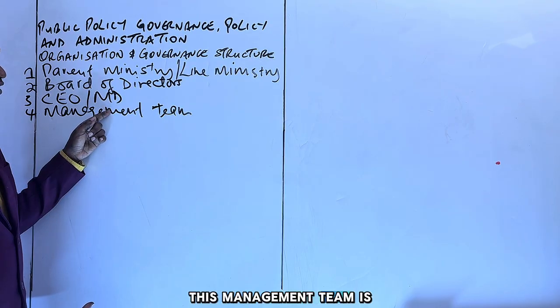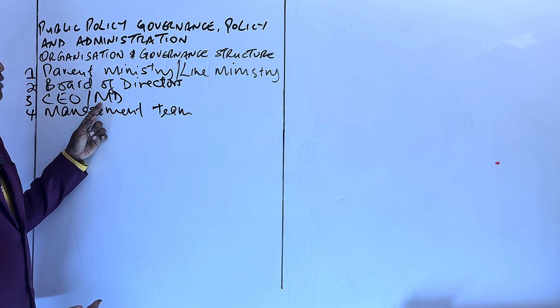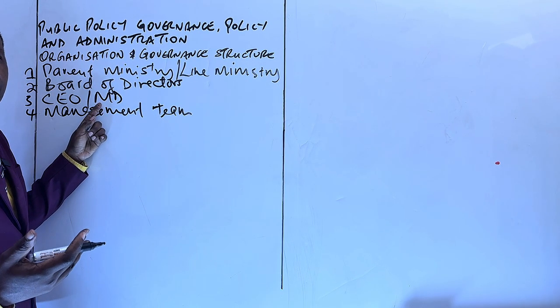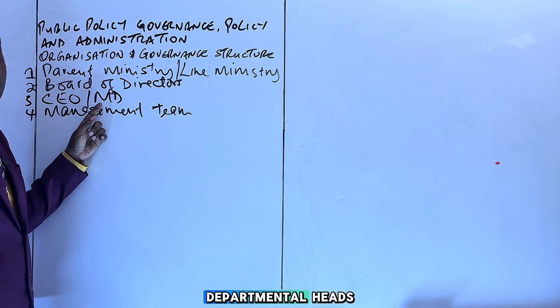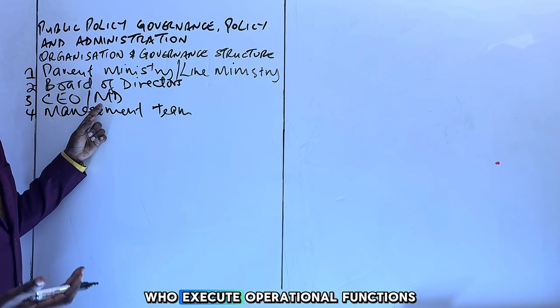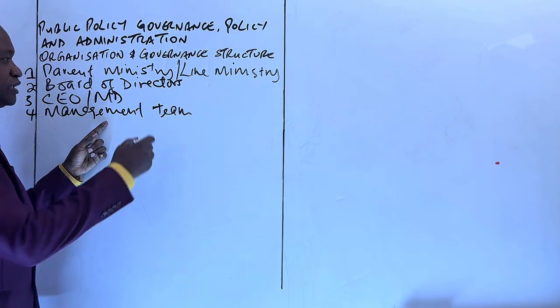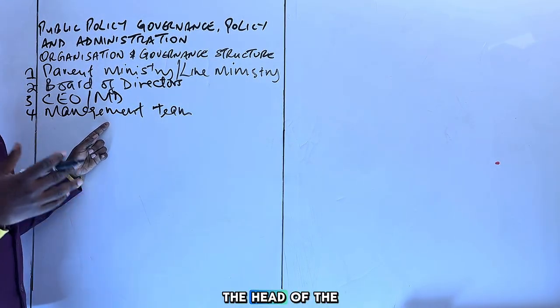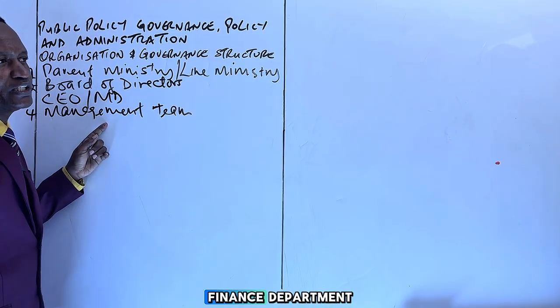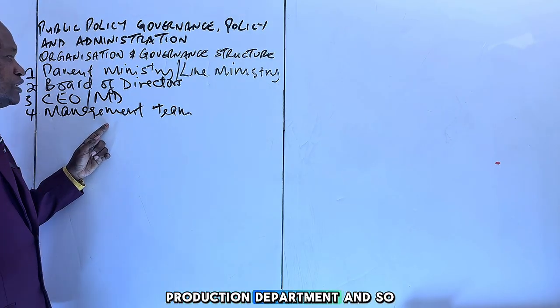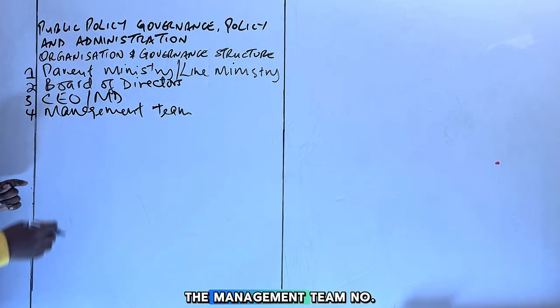This management team includes departmental heads who execute operational functions under the CEO's direction. Departmental heads could be the head of the marketing department, the head of the finance department, the production department, and so on. The management team.